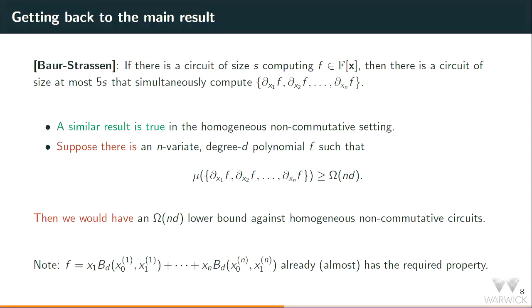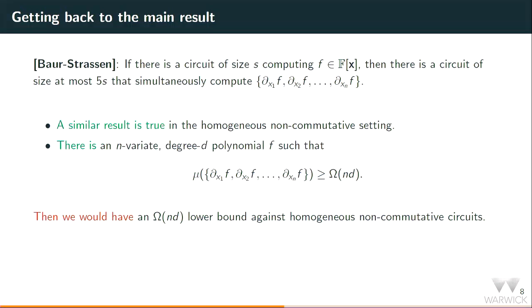So we don't want to lose a factor of log d, and we realize that for this polynomial we don't have to. If f is this ordered symmetric polynomial, then the first order partial derivatives measure is actually omega of nd. I won't be showing this part because this is easy to check.